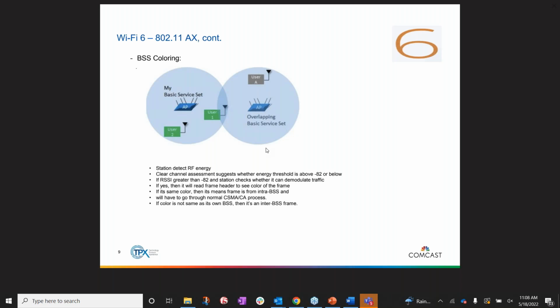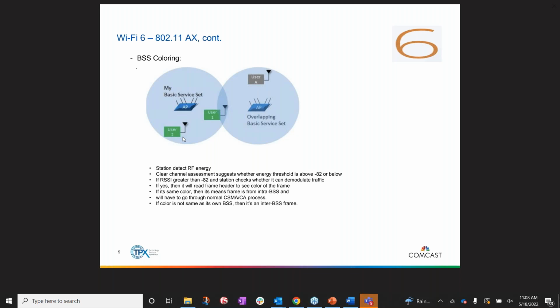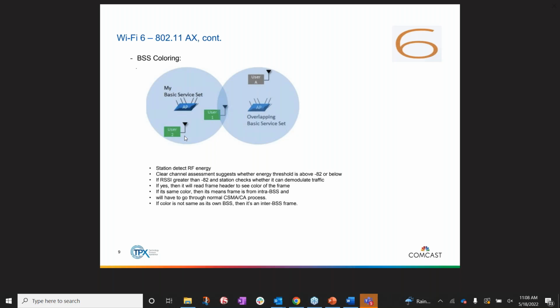Now, if you see one example, when 2 access points are there and 2 clients are associated to them, they are very far apart, but however they see each other with very low signal strength.